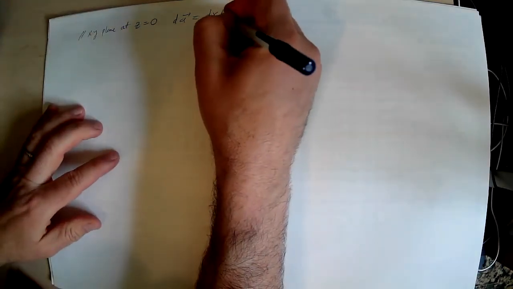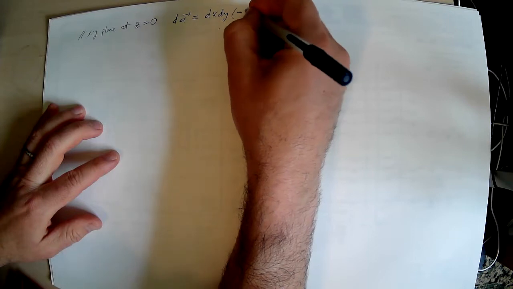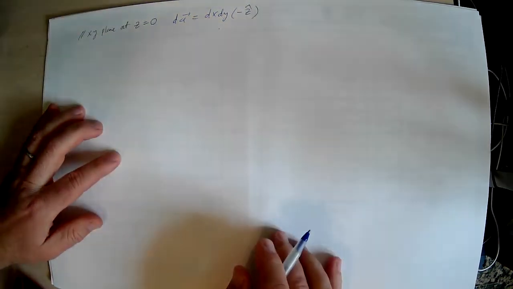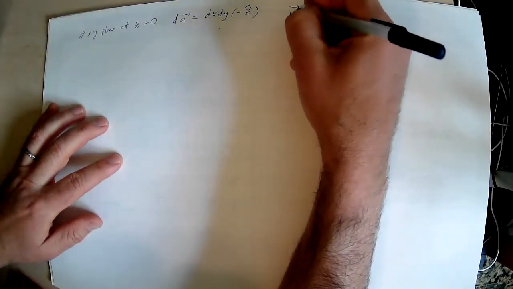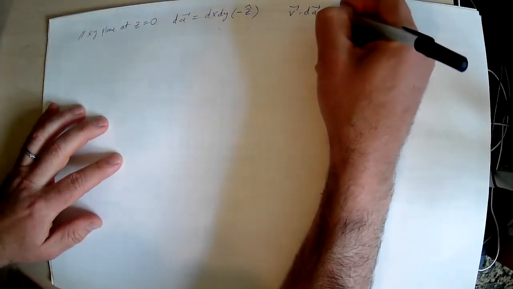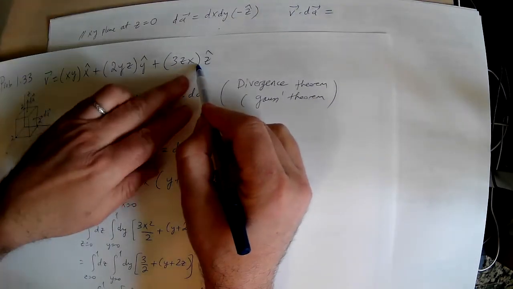So dx dy, because it's parallel to the xy plane, negative z hat. Okay, so that will make my v dot dA equal to, I need to just consider the z component, which is 3zx, right?